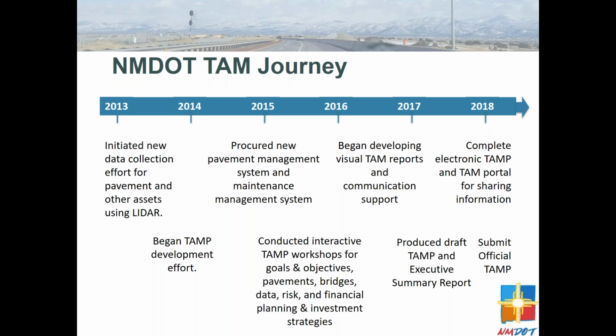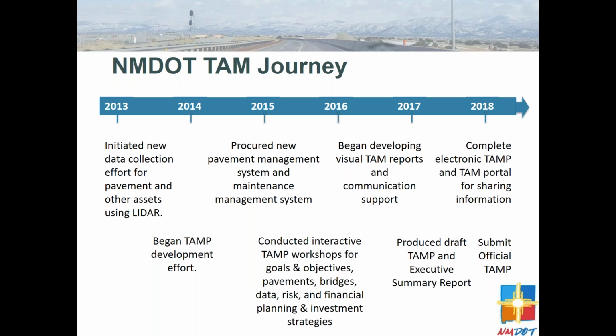In 2014, that's when we really started development of our asset management plan, and I went out and hired a consultant because this was all pretty new to me, and I wasn't as familiar with what all the requirements were. So during that time, we actually implemented a reconfiguration of our pavement management system.